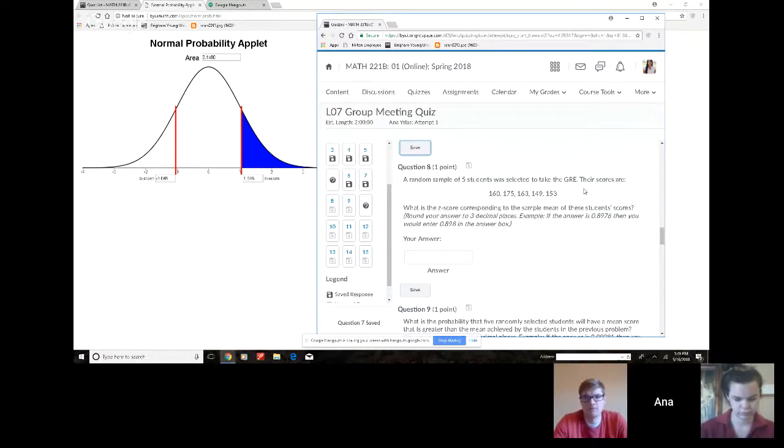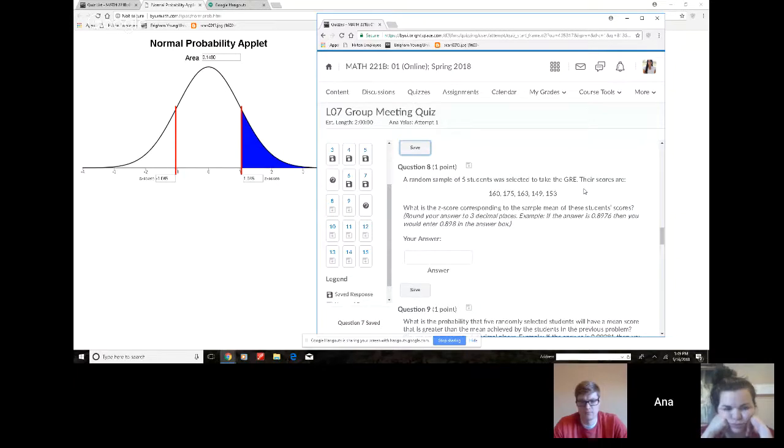So we get the mean first from these numbers. I get the mean, I think, 160. So we add them all: 160 plus 170 plus 163 plus 149 plus 153 equals 800.